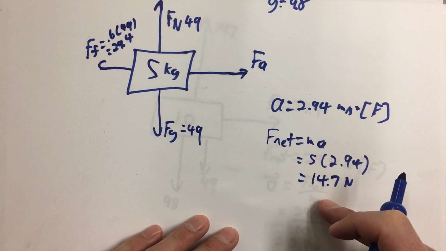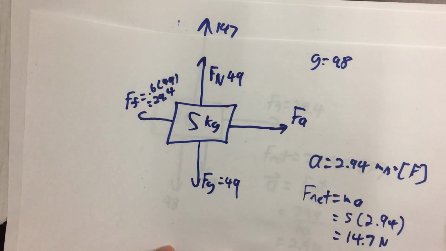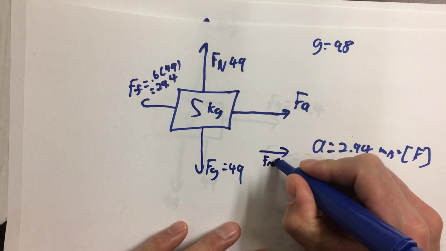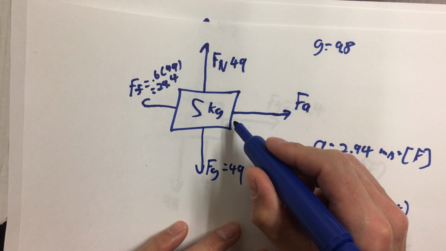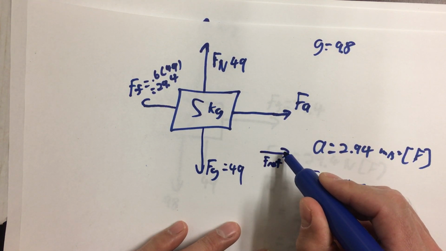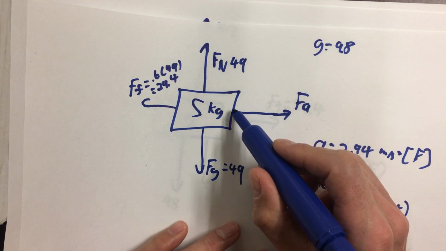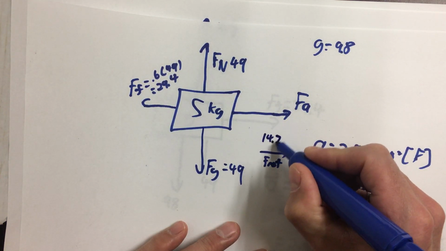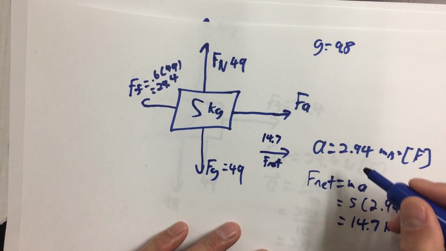This is the force that's left over when all these forces cancel each other out. Now remember, never draw the net force as an arrow attached to the block. It is separate. This is the ultimate arrow that you get when all those arrows have been considered. Our net force is 14.7 newtons forward.